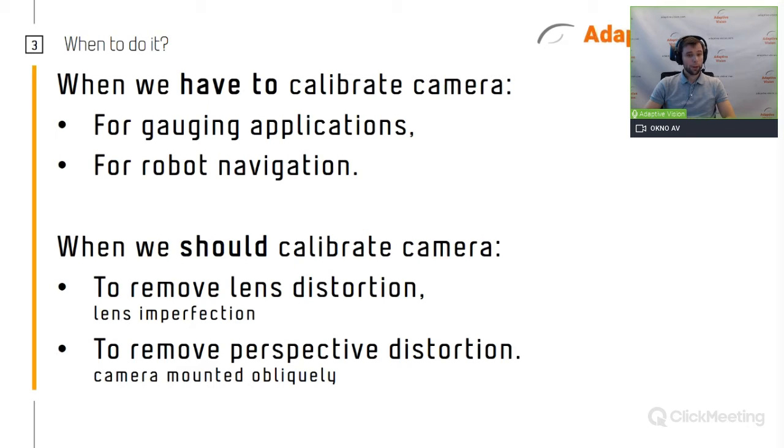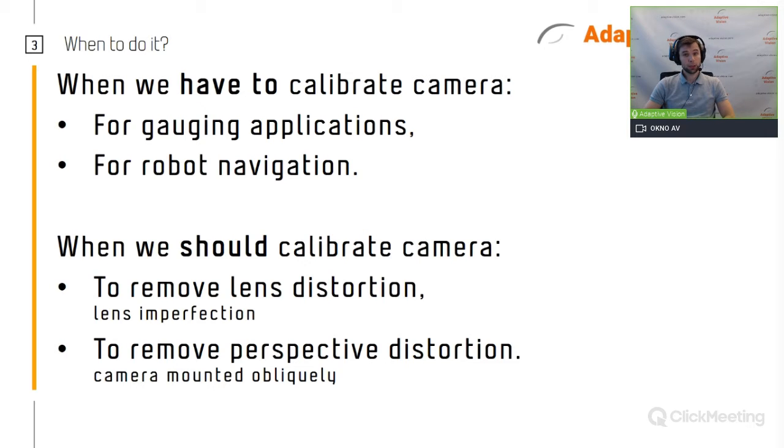First of all, because we are able to remove lens distortion, and objects on our image will look less distorted, and it will probably be easier to create the inspection algorithm. Another type of application is related to the perspective distortion. Let's imagine the situation that the camera is mounted obliquely above the conveyor belt.